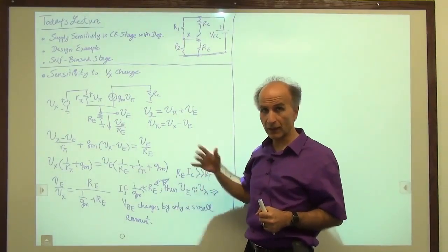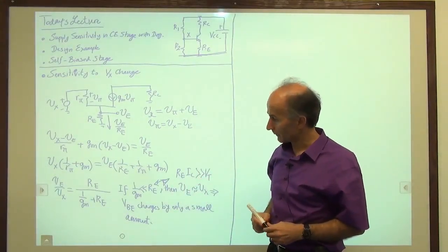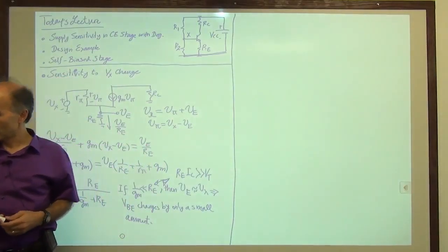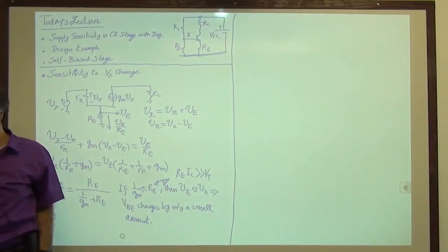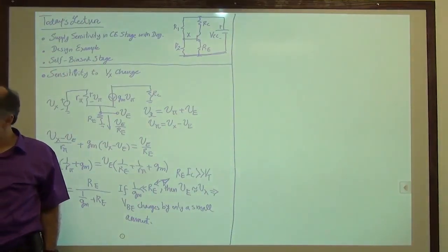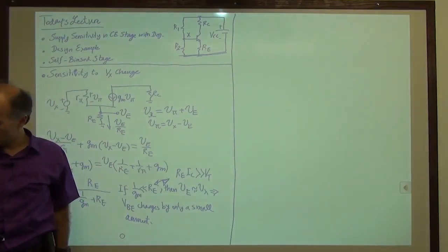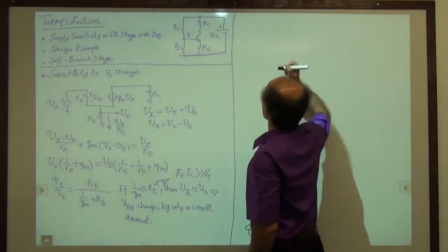So these are very related, and that's what we get in this case. All right, so it's good to remember this relation whenever we want to analyze and optimize this biasing circuit. Let me take a look here and see what we need to do. All right, so let's go ahead and summarize everything we have learned about biasing here.